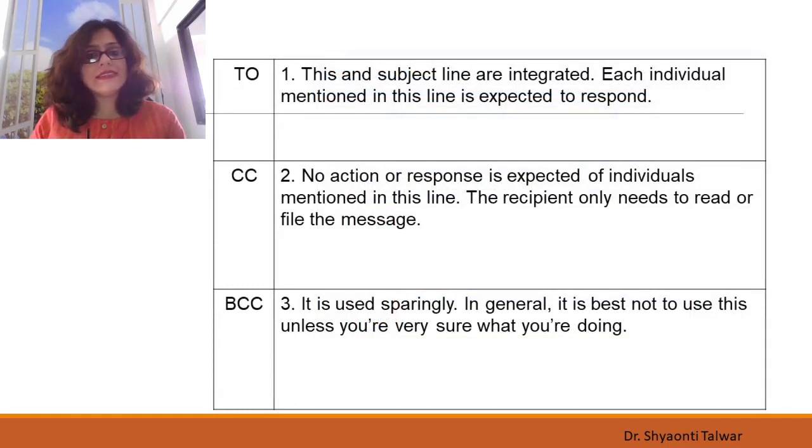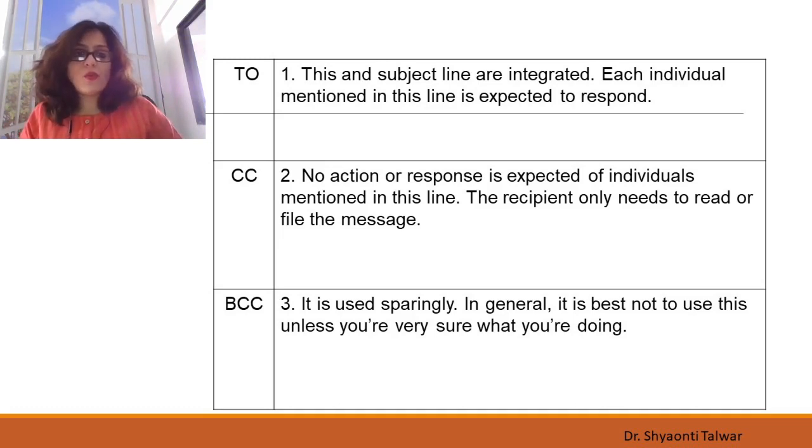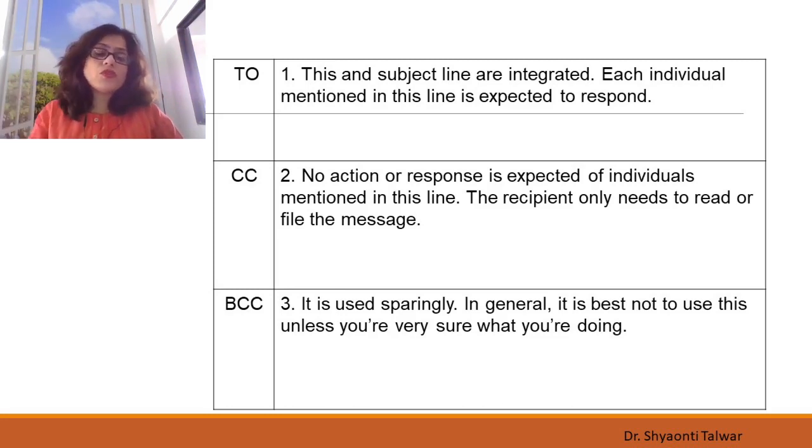Now, what is CC? CC is carbon copy. Okay, so you are sending a copy. Now, when do you send a copy? When you don't expect any action or a response from the individuals. That is when you just mark a CC to them. Marking a CC means that you want to keep them in the loop, you want to keep them posted about what is happening. So the recipient, whoever is receiving the mail from your end, only needs to read or just take note of the message.